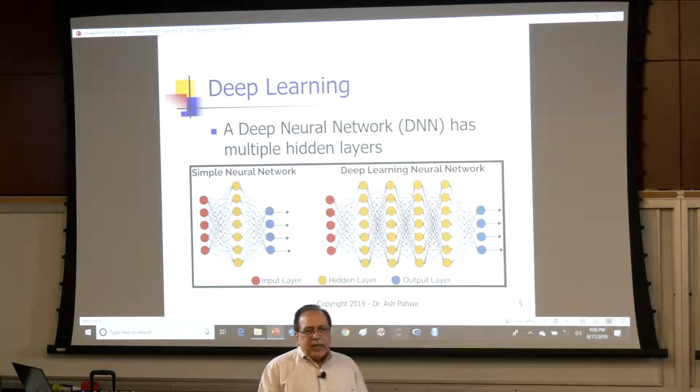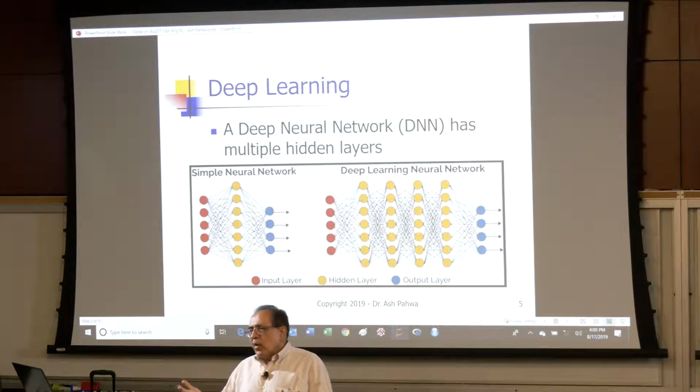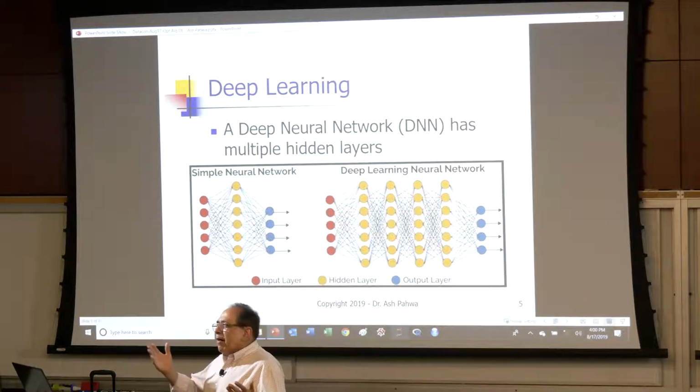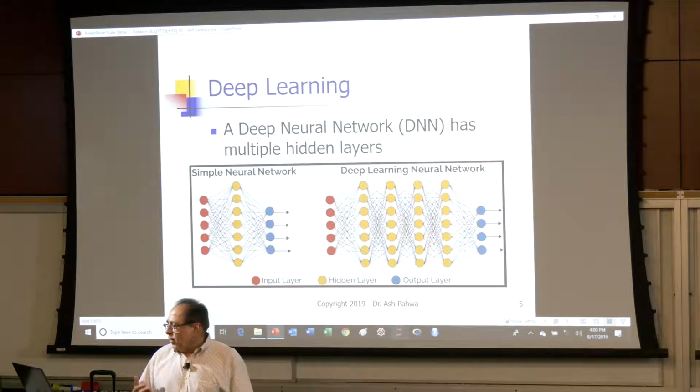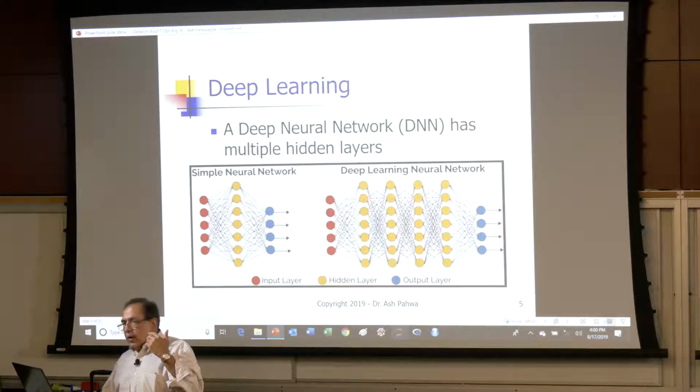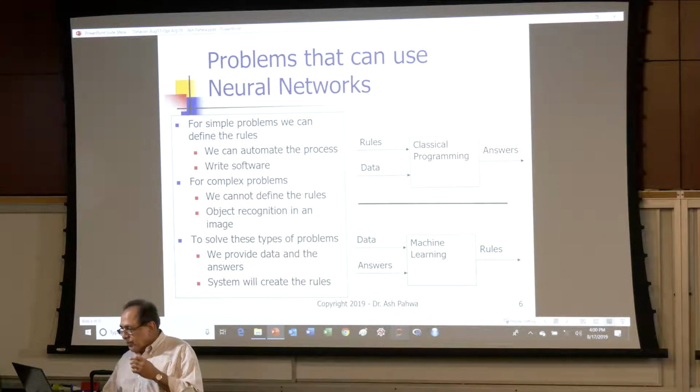So deep learning is not just that you add one more layer to it and it becomes deep learning. Deep learning really comes about when you have hundreds of layers, and solving these kinds of problems becomes very, very difficult, and that's the reason why we don't want to use gradient descent. Instead we are going to use many other algorithms.